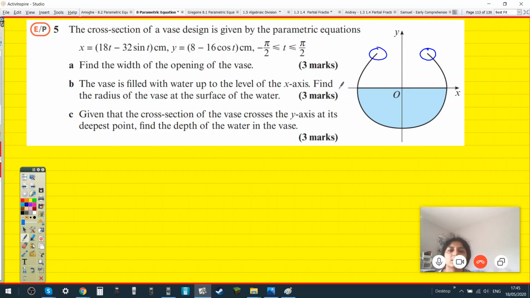Oh wait, it says minus pi over 2 to pi over 2. Time. Ah, I see what you're saying. Those are the start times and the end times? Yeah. So you just have to find the x coordinate at those and then subtract. 15.